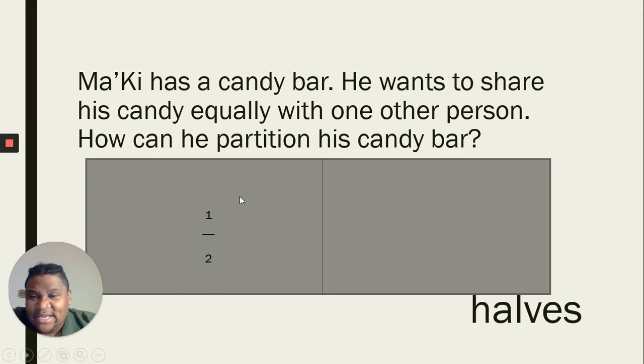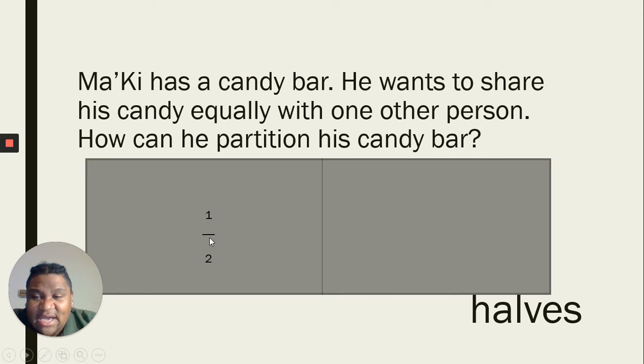We say 1/2 because on the bottom, it shows you how many pieces make up the whole. How many pieces make up the whole? So you have 2 equal pieces, but Makai will get 1 piece.